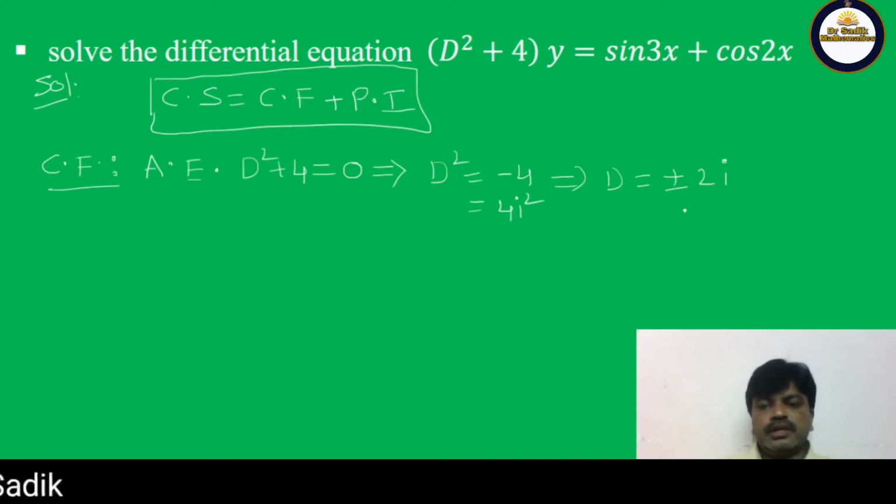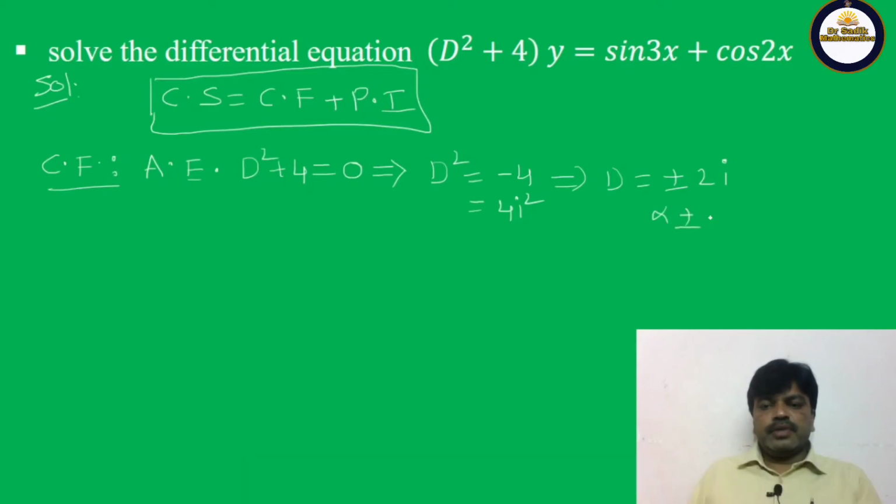Now it is like alpha plus or minus i beta, friends. You can watch the video on the formula, friends. So what is the alpha value? Alpha value is 0, so beta value is 2.